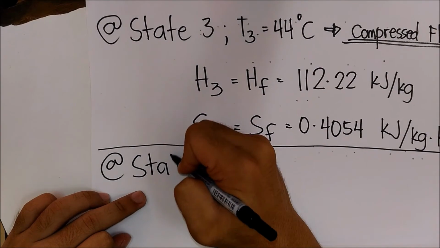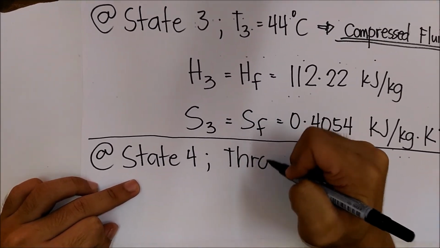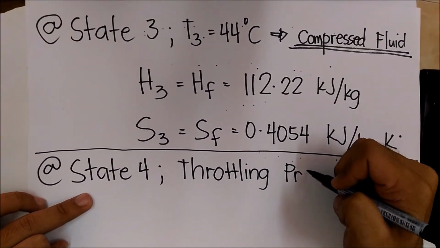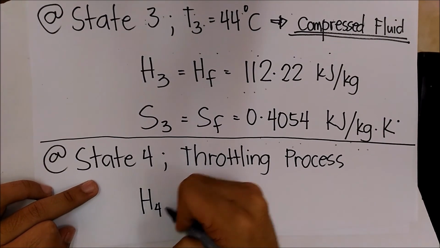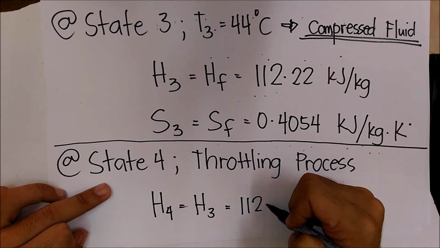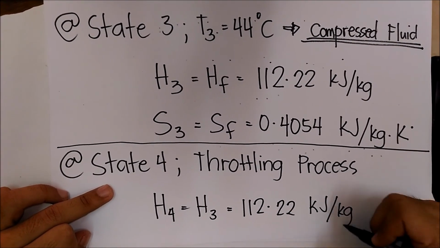At state 4, throttling process, the enthalpy at state 4 and enthalpy at state 3 is equal to 112.22 kilojoule per kilogram.